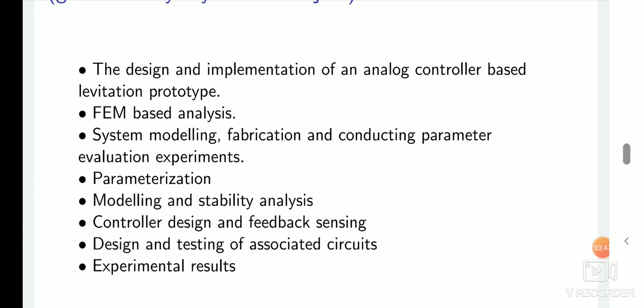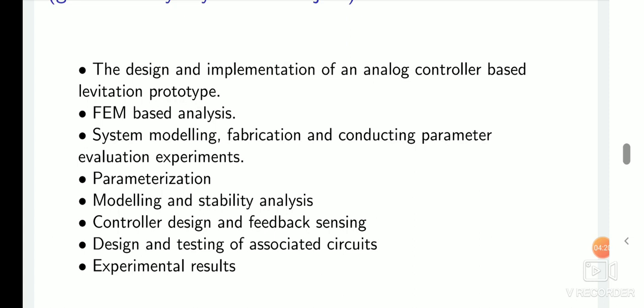Then the sixth point: once we have got the parameters, we will start the modeling. In modeling we will see the mathematical equation, and then linearize the model at a particular operating point to get the small signal model. What would be the best operating point? That would be selected from the inductance plot.